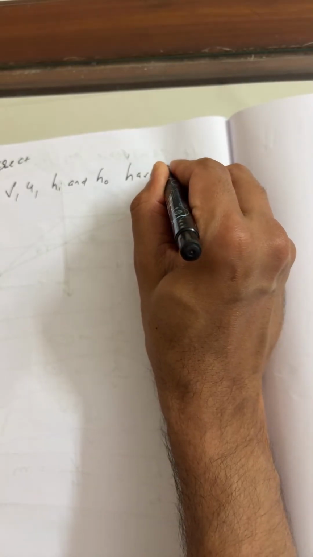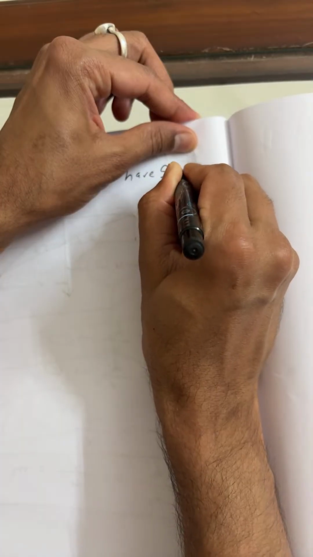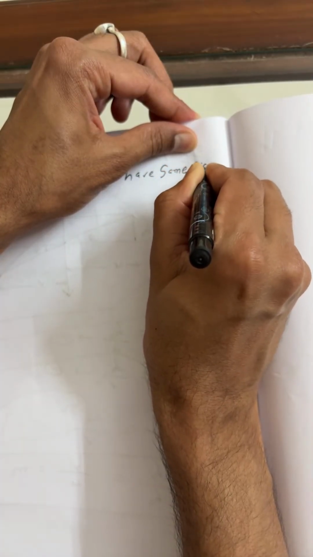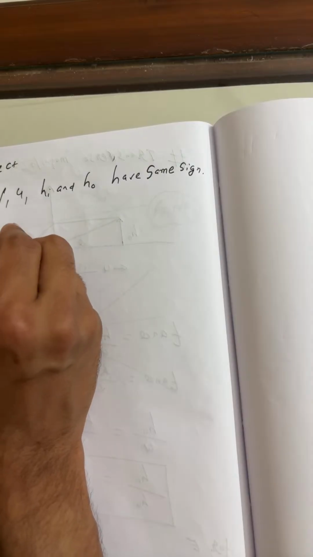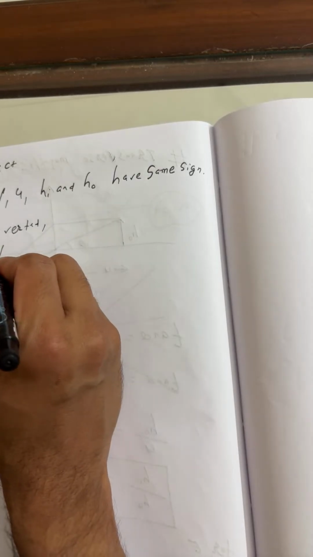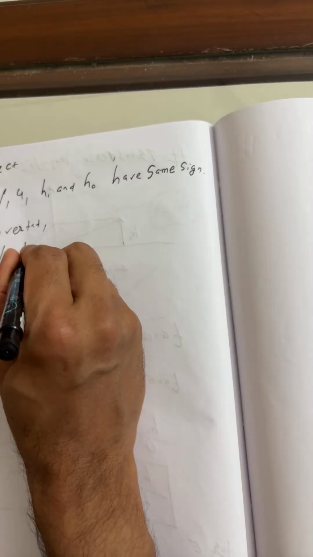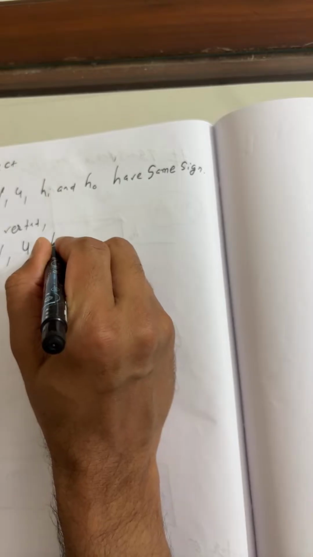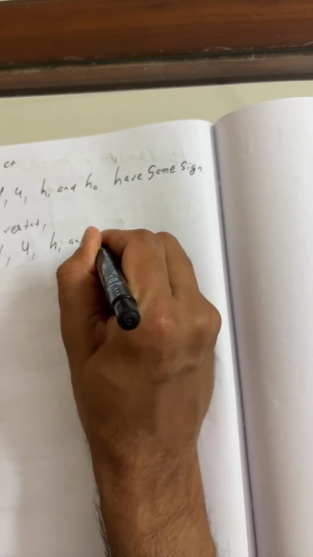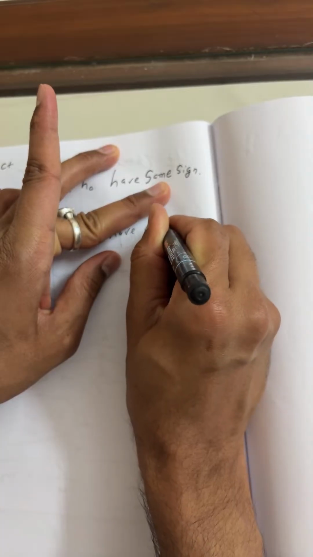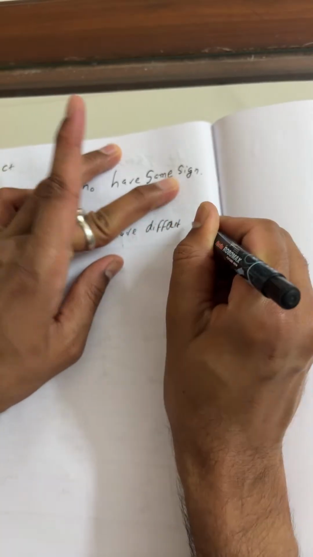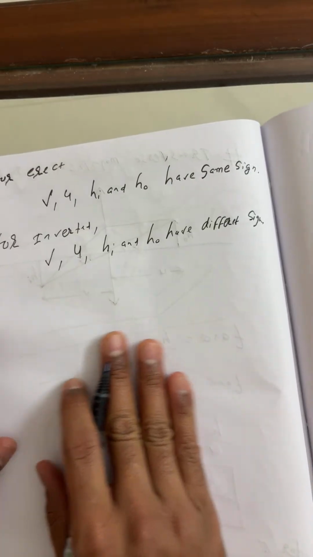For an inverted image, this is just the opposite of lenses here: V, U, HI and HO have different signs. So just keep this in your mind, because now I'll just do numericals only.